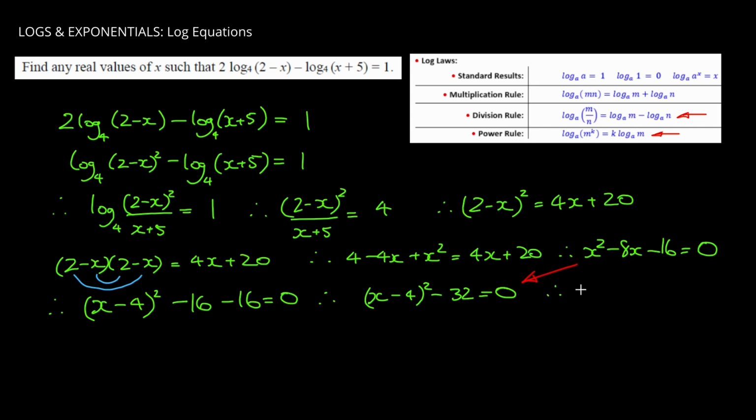So therefore I can say that x minus 4 squared is equal to 32. Coming down here, we get x minus 4 is equal to plus or minus the square root of 32. So putting the 4 on the other side, we get x is equal to 4 plus or minus. Now, root 32 is the root of 2 multiplied by itself 5 times.